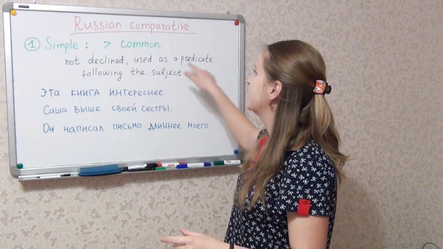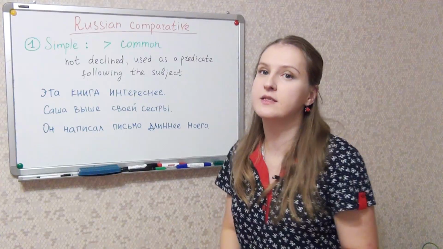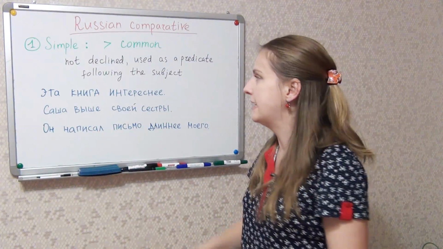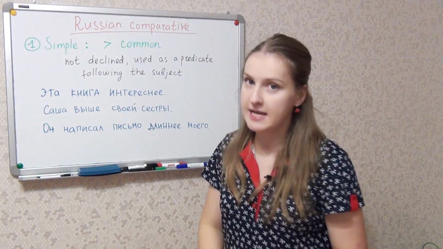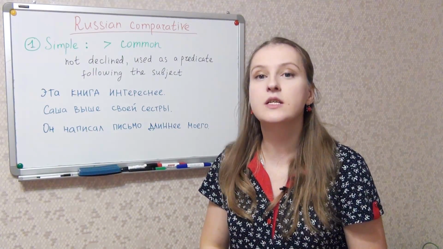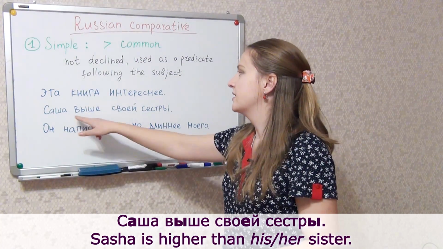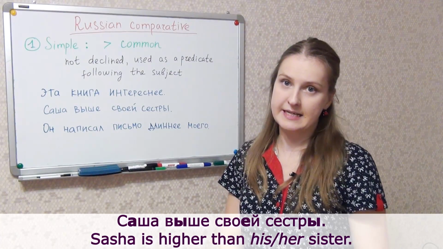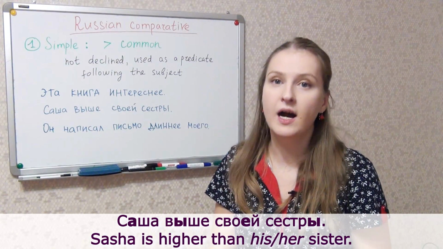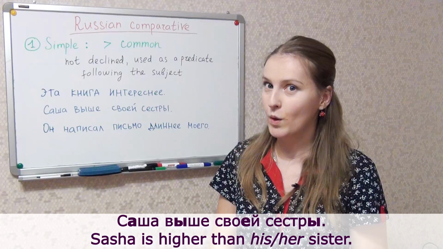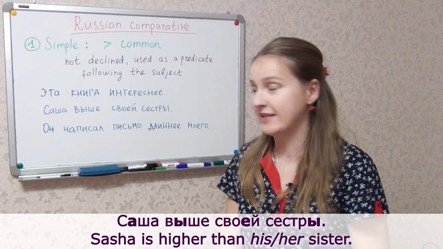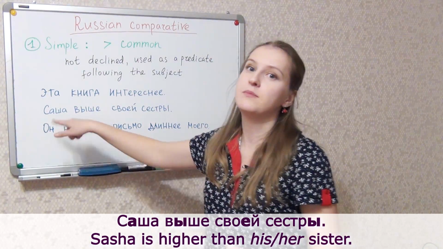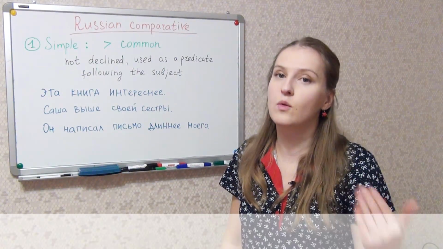And it is used as a predicate following the subject, most commonly. Эта книга интереснее. This book is more interesting. Саша выше своей сестры. Sasha is higher than his friend. Or Sasha is higher than her friend, because Sasha can be a name for a girl or a boy.